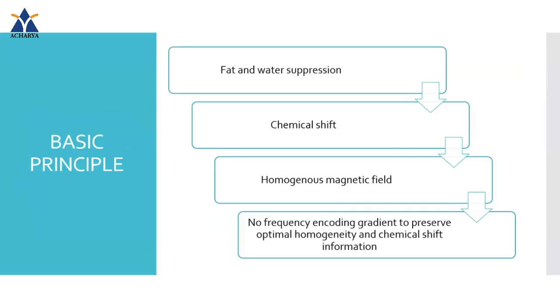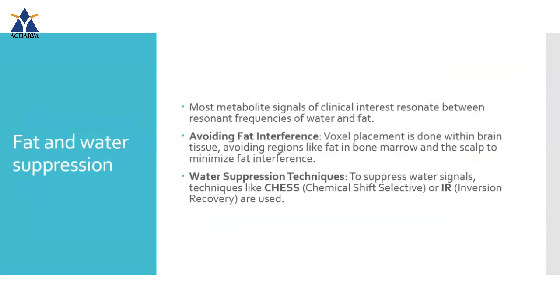And now the first step is fat and water suppression. The metabolites which are of our interest resonate between the resonance frequency of water and fat. So all the metabolites lie between the water and fat molecules. So we have to avoid the interference of fat and water molecules, or we have to suppress the signal coming from fat and water.